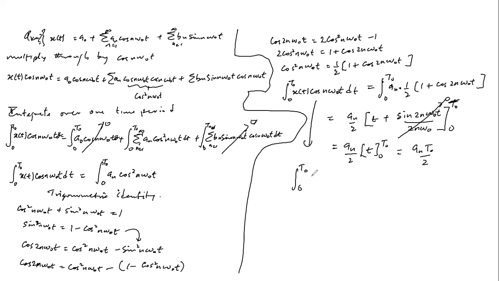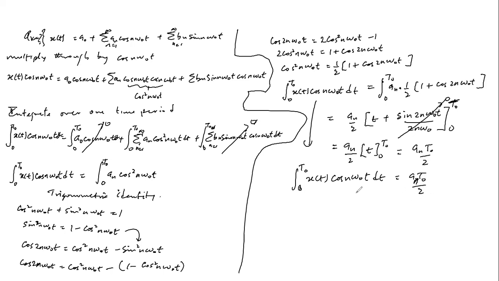So the integral from 0 to T naught of s of t cos n omega t dt is equal to a_n, sorry, T naught divided by 2.